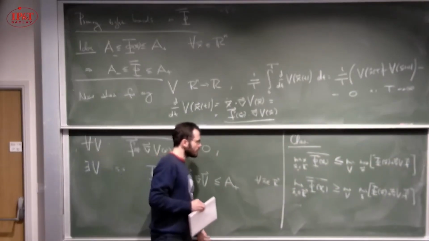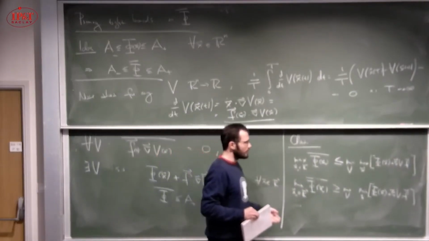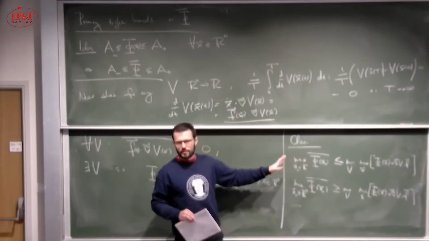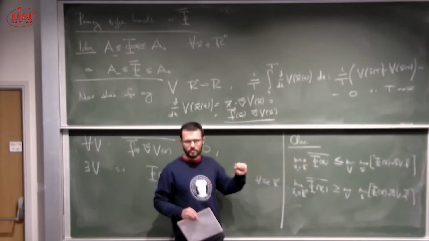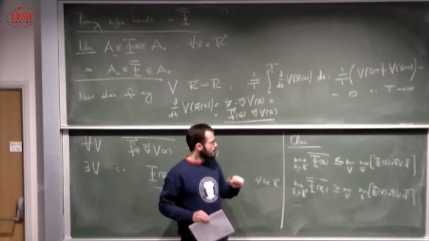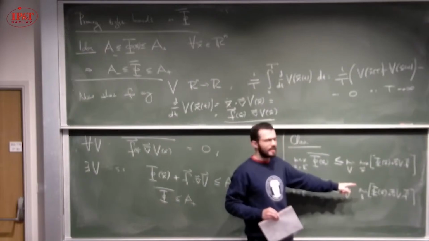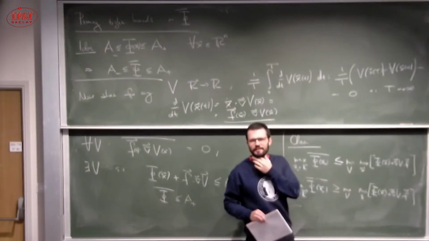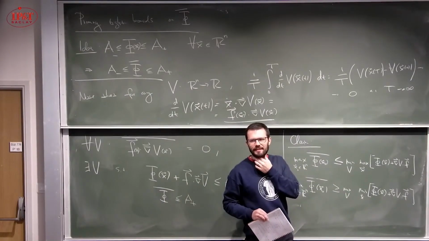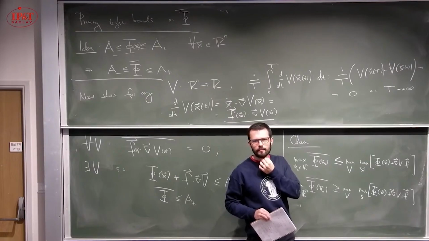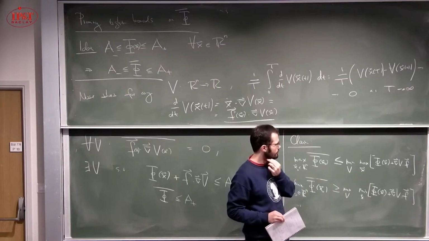Now, what's actually remarkable is that, maybe, are there any questions about these inequalities? Correctly, you're saying that the minimum basically is from these functions which are bounded, so that the average of f dot gradient.